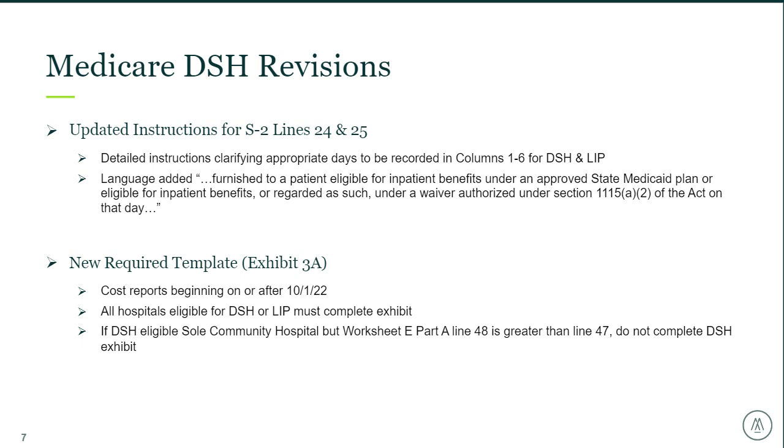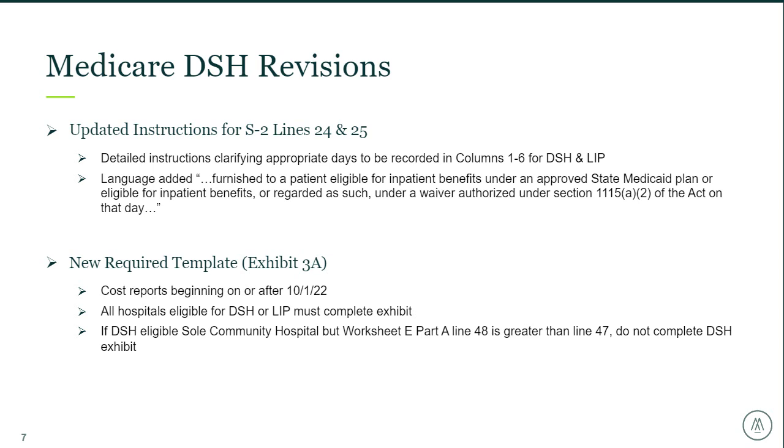Actually, our understanding is that there's a new proposed rule from CMS on the treatment of these 1115 waiver days in the DISH calculation that could be released any day. We don't know the contents of the proposal, but based on the history, it seems likely that CMS will again attempt to tighten the qualification of patients eligible under those waivers. So this is something we would encourage providers to keep a lookout for and determine how this might impact their DISH calculation.